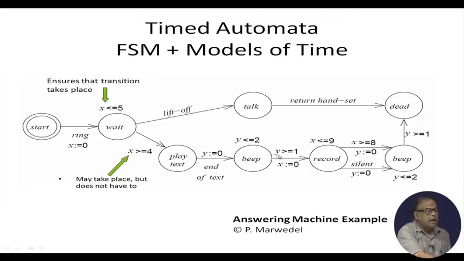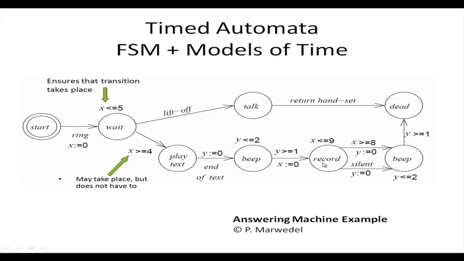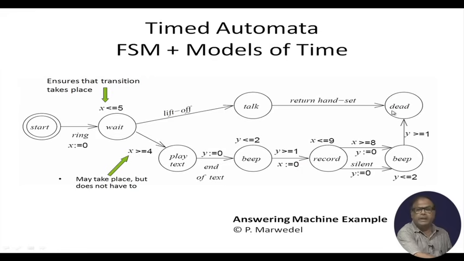Then I start recording, and when I record, I again set this clock x to 0, and the recording time length can be up to 9 units. After that 9 units, I can go silent with a beep, or if the person has not been silent, then I will give a beep since the time has elapsed, and it will be dead.